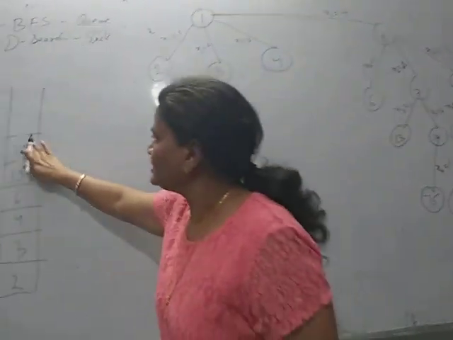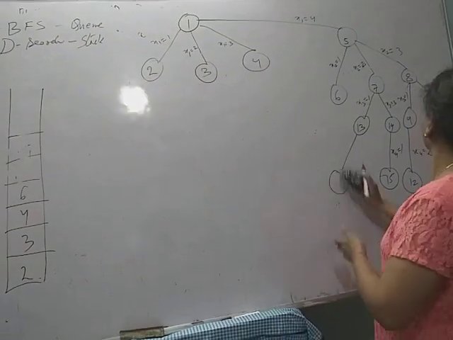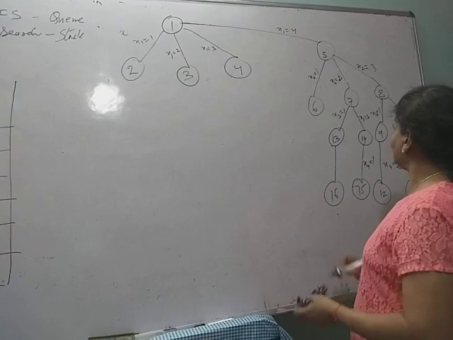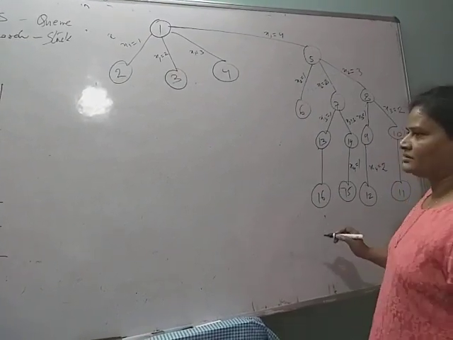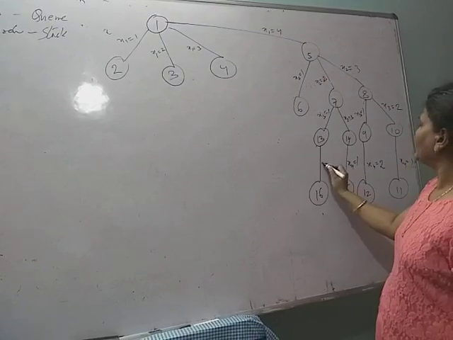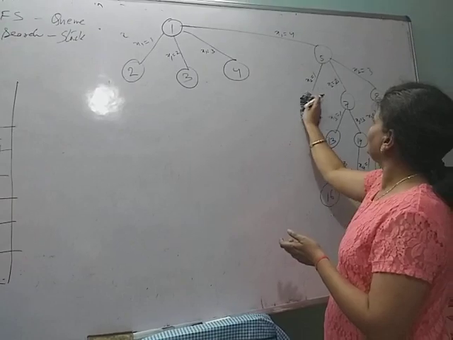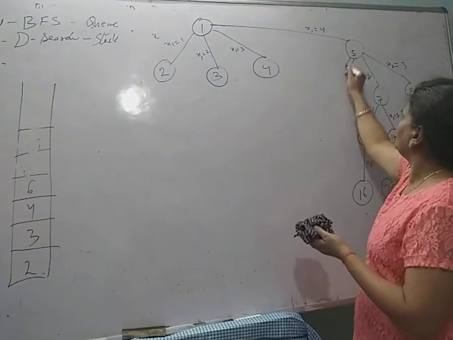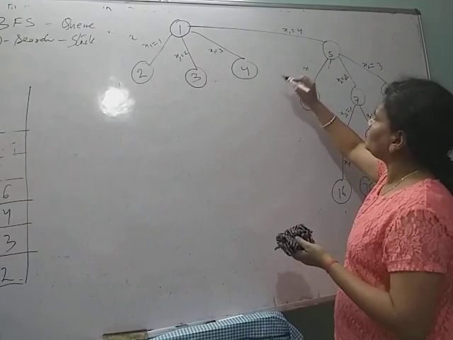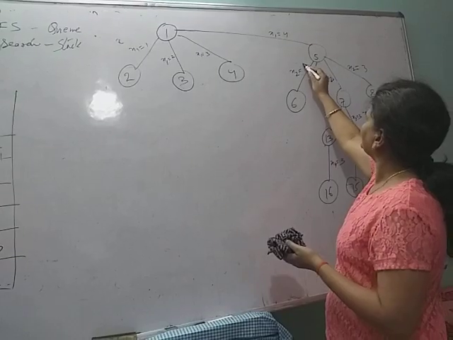After 14, 13 will become the E node. Here this is 16, with X4 equal to 3. Now the next E node will be 6, with X2 equal to 1, 2, 3.